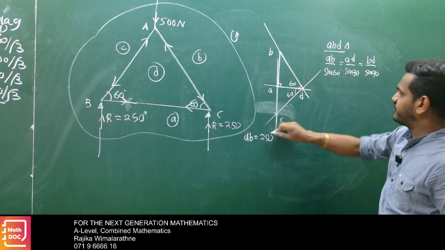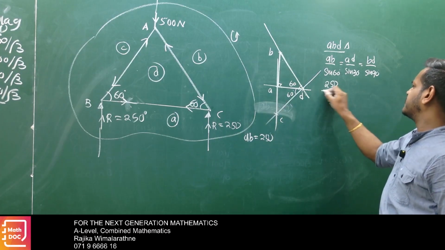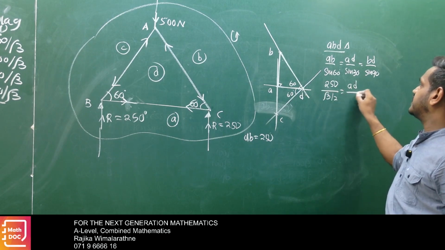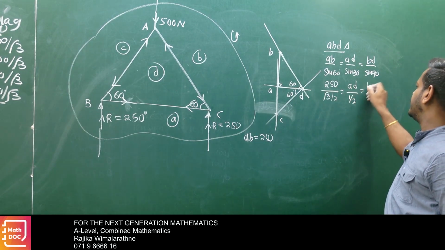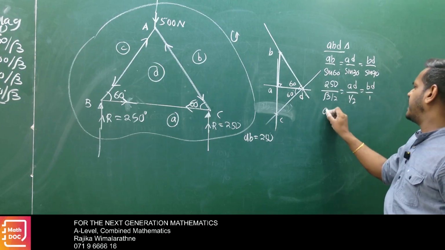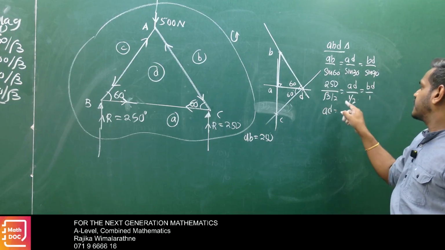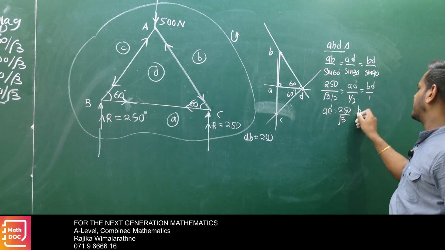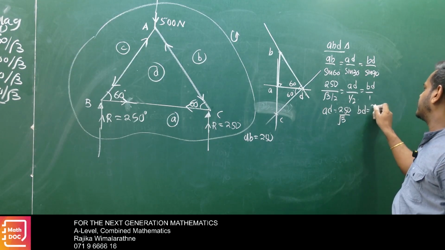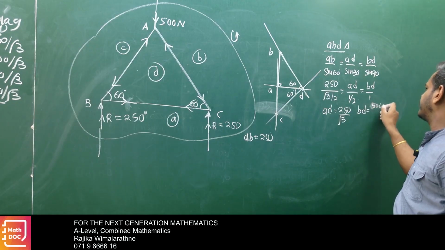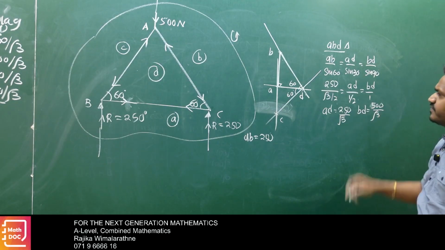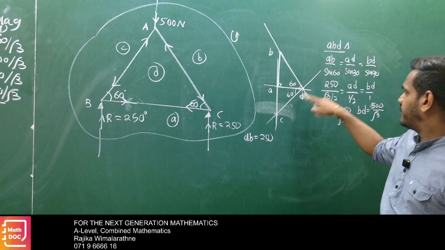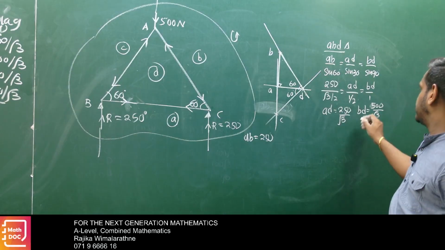AB 250 now, sin 60 root 3 over 2, AD sin 30 half, BD sin 90. Then AD 250 over root 3, BD 500 over root 3. Then CD equal BD.